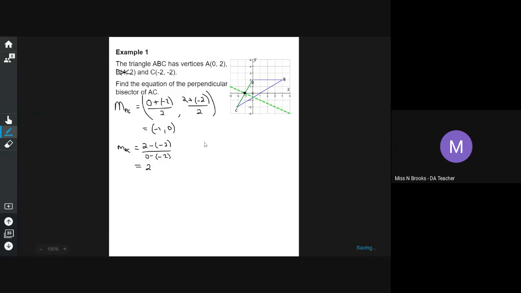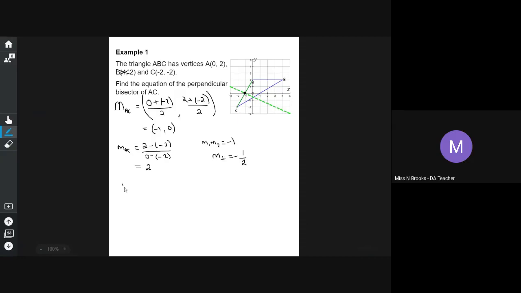Now, step 3 was to find our perpendicular gradient. Now, our relationship was m1 m2 equals -1. So our perpendicular gradient is going to equal the reciprocal of m of AC, which is a half, and then we have to change the sign to -1/2.